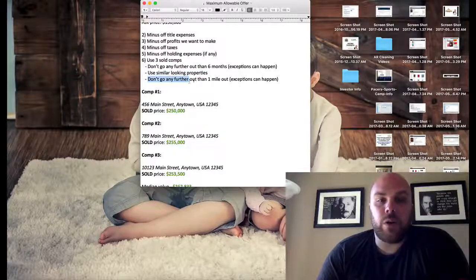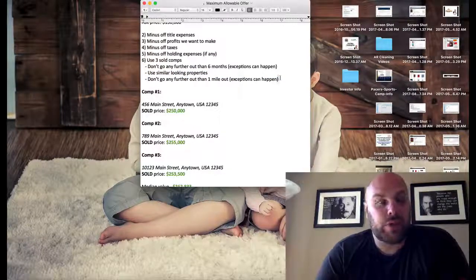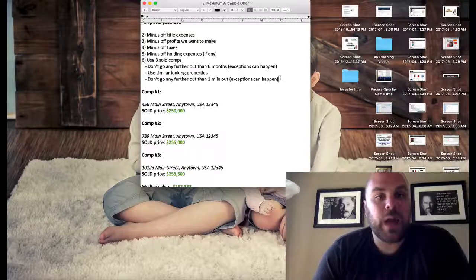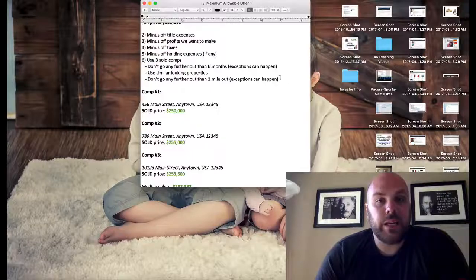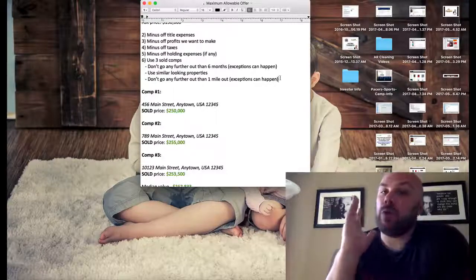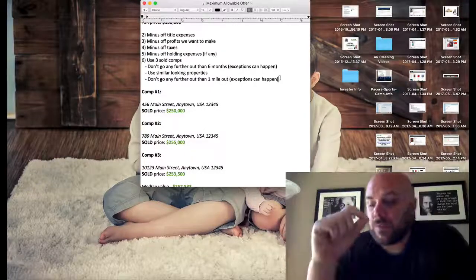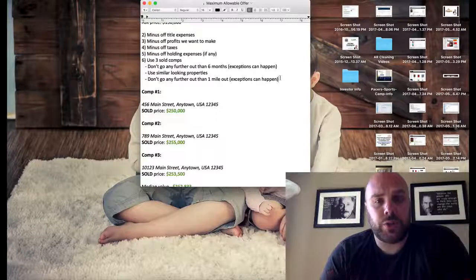And then we don't go further out than a mile. Exceptions can happen, again for rural properties. I personally like to stay within a 1/4 mile radius of the property, and this is going to be huge. You need to account for certain cross areas.